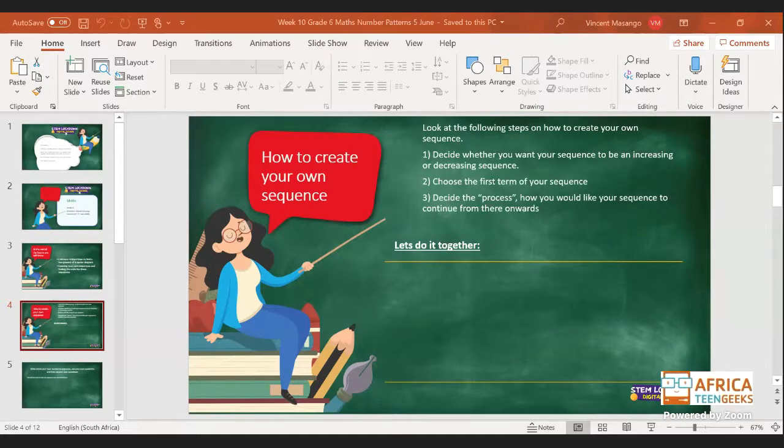First things first, we're going to look at the following steps on how to create a sequence.